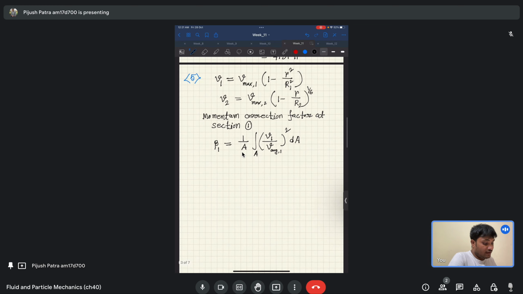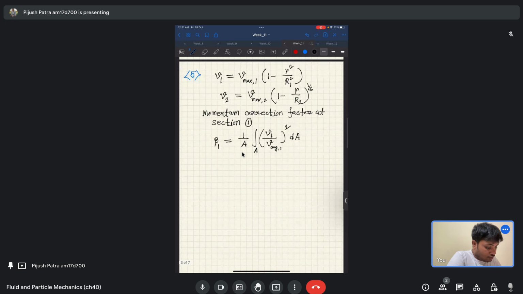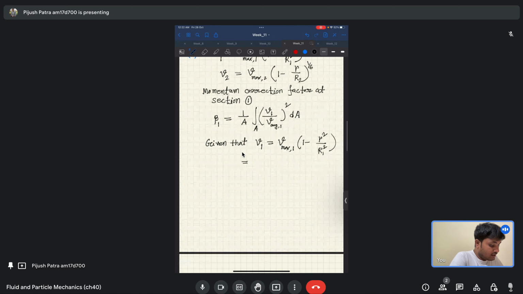So what is V average? Given that V1, so what is V max? It is V max 1 into 1 minus r square by R1 square. In pipe flow, V max is equal to 2 into V average.